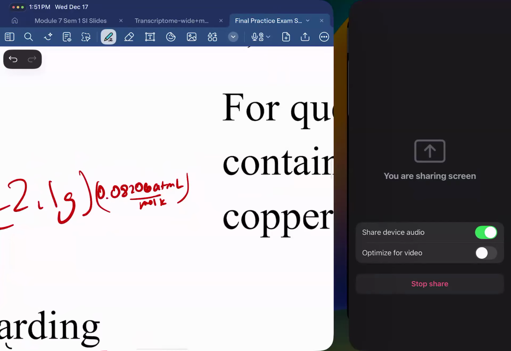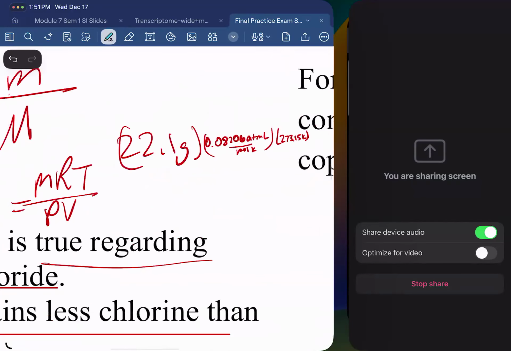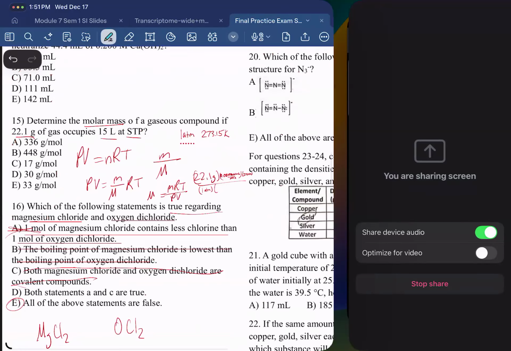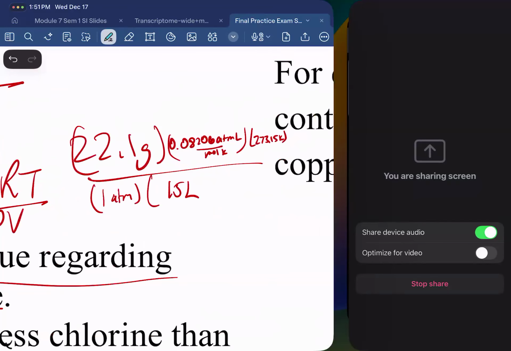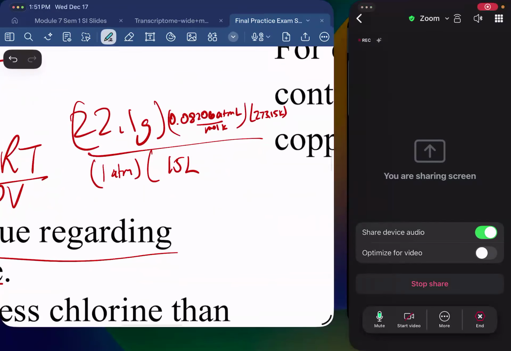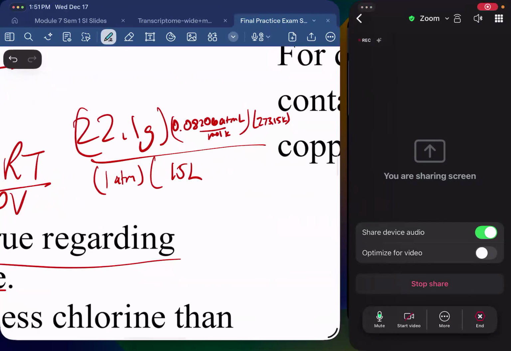And then temperature is 273.15 K, divided by 1 atm times 15 liters.